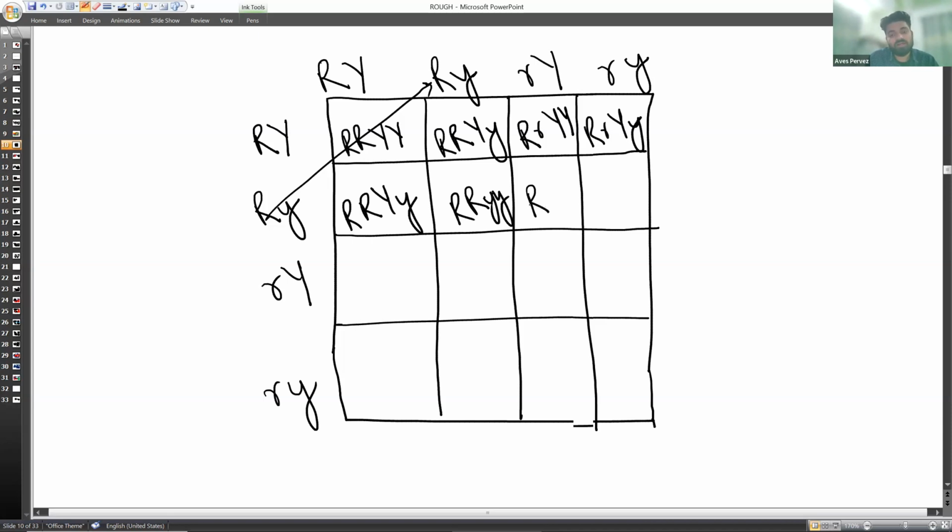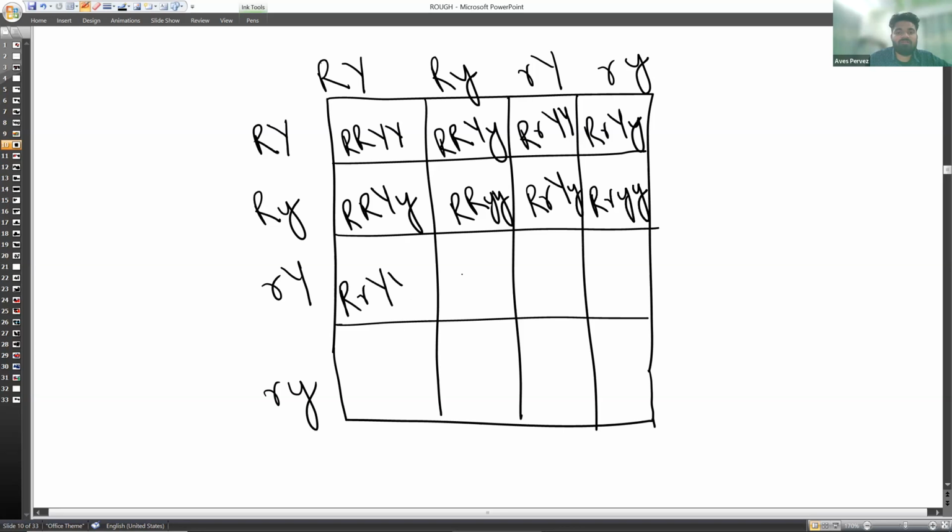Okay, got it? Are you getting my point? Capital R, capital Y, small y means this is multiplying with this one. So one by one, each and everything is multiplying here. Okay, are you getting it? Yes, sir. This one is capital R, small y, small y. Then capital R, capital Y. Then capital R, capital Y, small y.